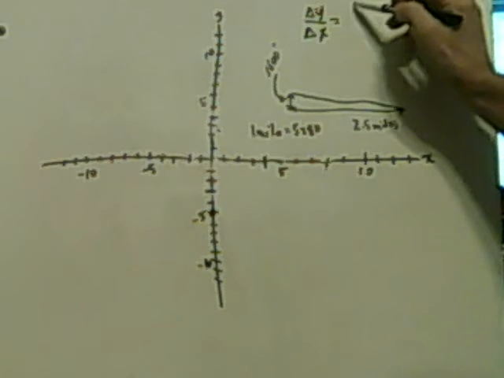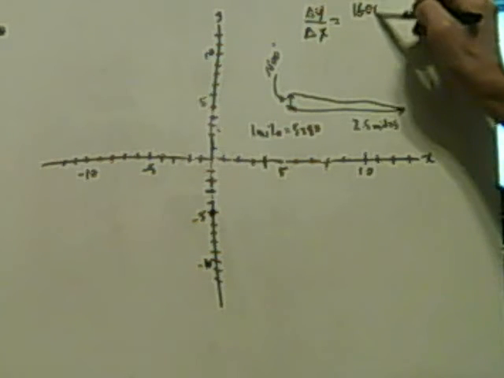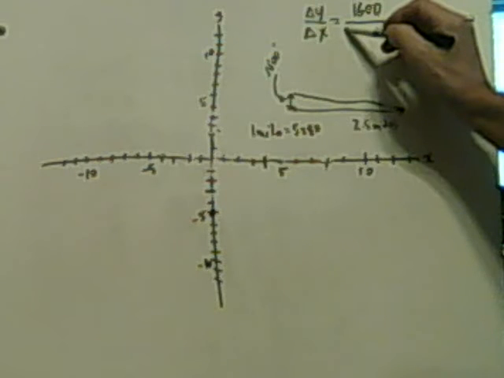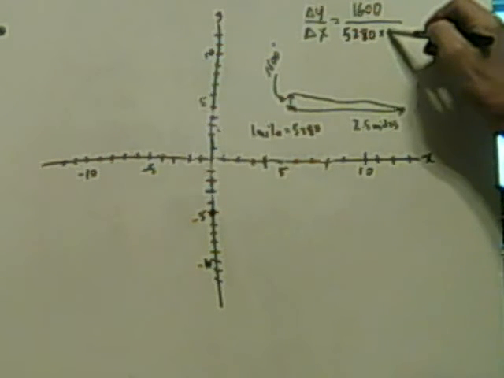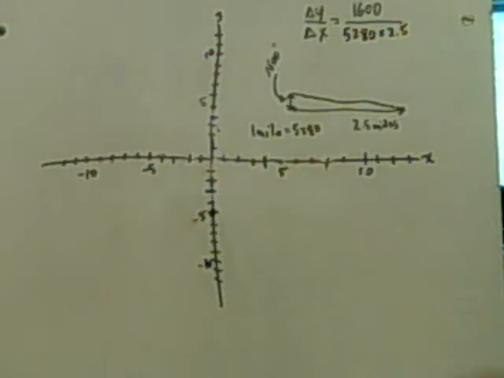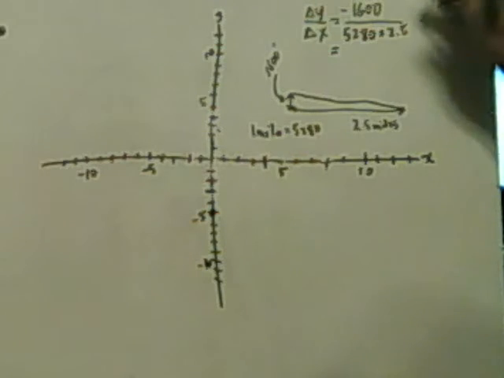And we'll do it in feet because that makes it a little easier. You're at 1,600 feet at the top. At the bottom, you had 5,280 times 2.5. So this is just a matter of simplifying this fraction, and we're going to call it negative, like I said, I thought that'd be more appropriate.